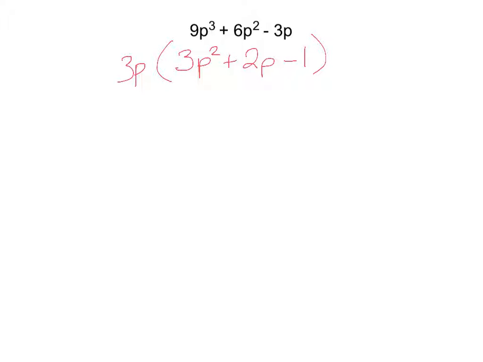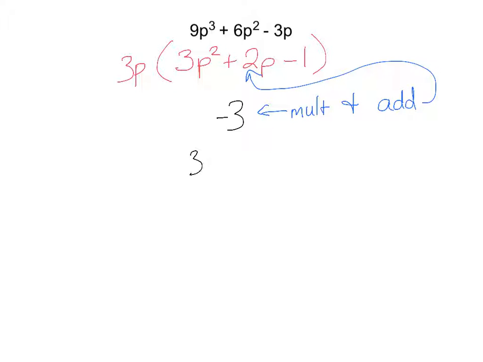Following the same steps as the previous problem, we're going to multiply the a times the c, and we're going to look for factors that multiply to -3, and they also have to add to your b value right here. Two numbers that multiply to -3. I don't have very many options.